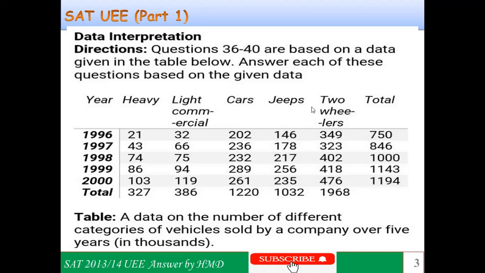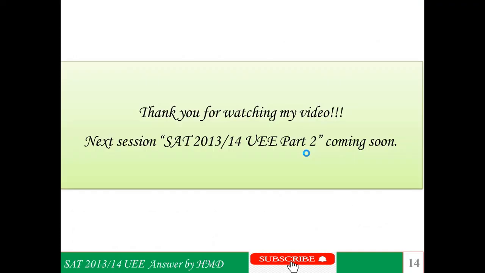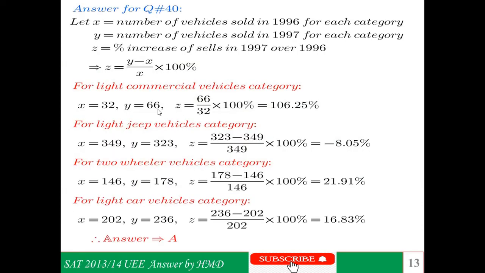Let's say, for example, you can see here for two-wheeler vehicles the number of vehicles sold in 1997 is 323, and the number of vehicles sold in 1996 is going to be 349, right? So there was a reduction or decrease, yeah, that's why it becomes negative. I say sorry for my mistake.